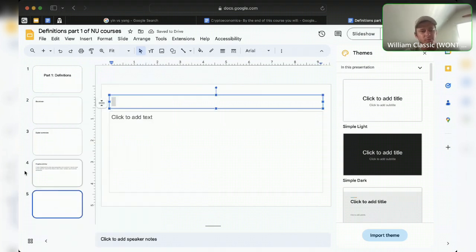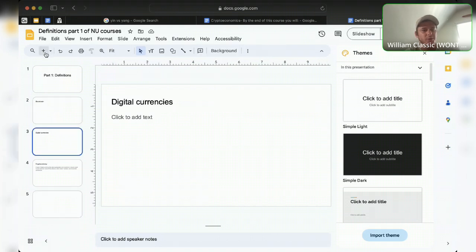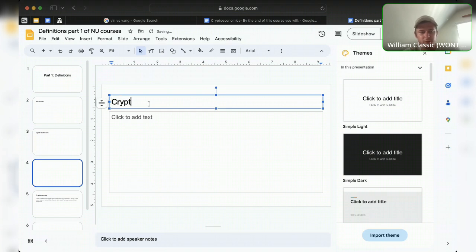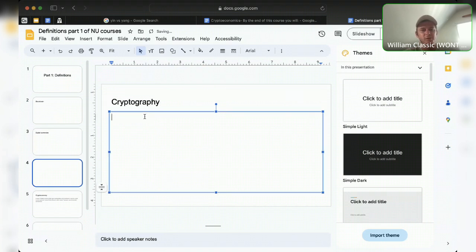Okay. I think, though, we should probably put cryptography before cryptocurrency. Cryptography, study of, I know I said I wasn't going to write stuff, but now I kind of want to. Sorry. I feel like I could give this multiple definitions, just like I could give blockchain multiple definitions. So I'm going to say, in the most basic sense, it's the study of hiding information in plain sight.